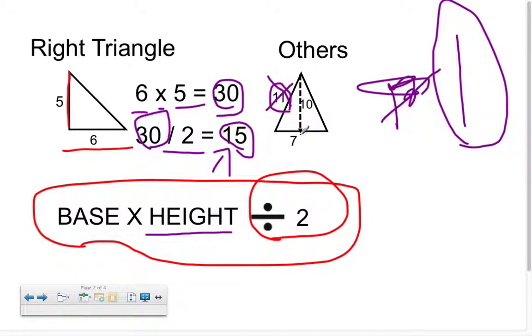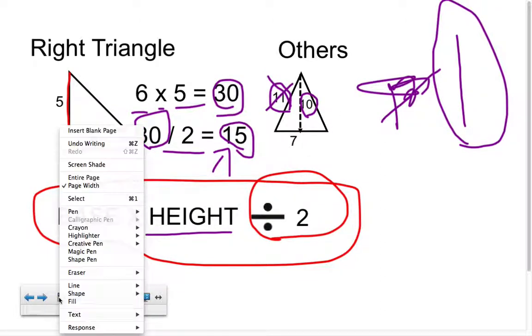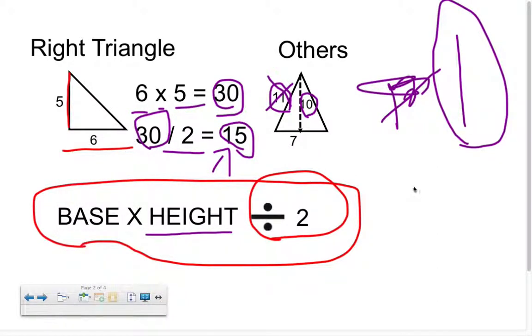So height is a straight and tall line, like this dotted line in the middle. 10 is the height. And 7, that's the base. So the area of that triangle would be base times height divided by 2. So 7 times 10, which will equal, come on guys, 10 times tables, 70.